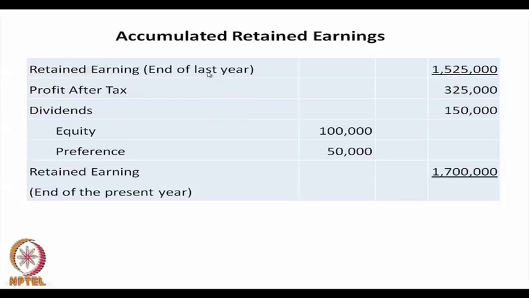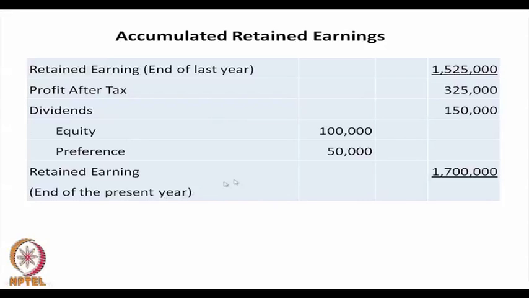Now, last year, let us say from the last year's financial statements, the retained earning was 1,525,000 rupees. To this we add this year's earning, which is 175,000 rupees. If we add 175,000 rupees to 1,525,000 rupees, then we get 1,700,000 rupees, which is the retained earning at the end of the present year.